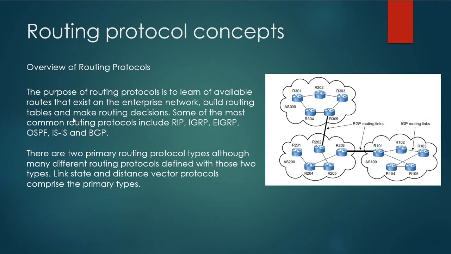Let's see here, the interior gateway protocol, in this graphical representation in this picture. Here we have the interior gateway protocol. Within this cluster of networks, we have a link of the routers.